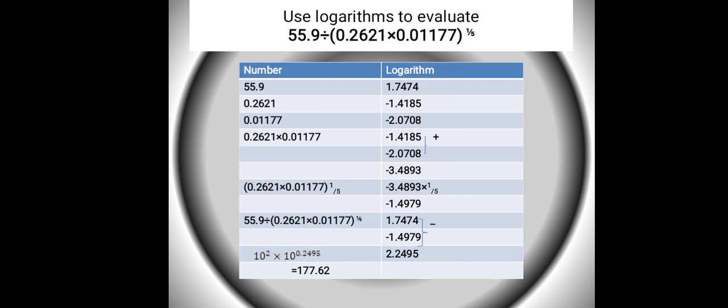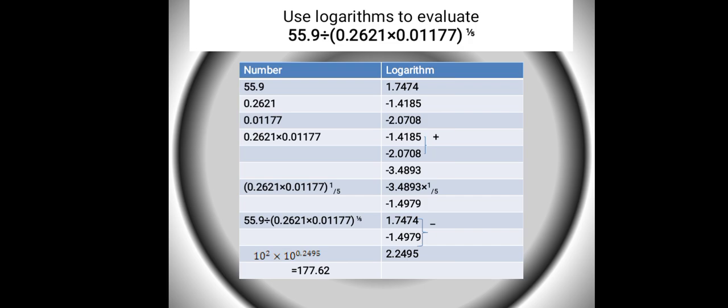The logarithm of 0.01177 is 2.0708. The product of 0.2621 multiplied by 0.01177 means adding the logarithms, and we get 3.4893. Now the fifth root of that number means multiplying the logarithm by a fifth, and we get 1.4979.